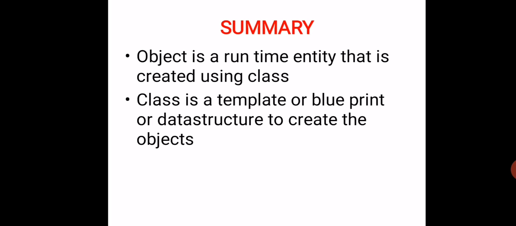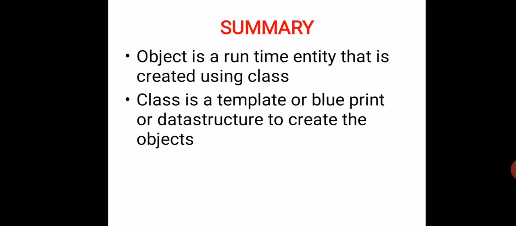In summary, an object is a runtime entity that is created using a class. A class is a template or blueprint to create the objects. So how do we create objects? By using classes.